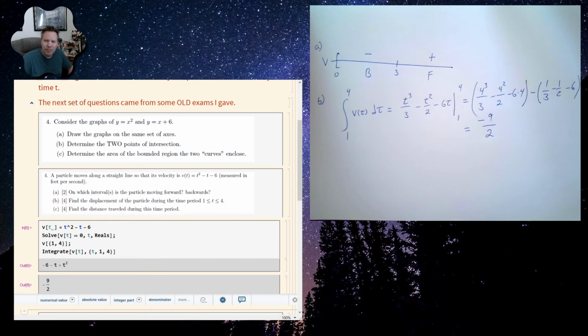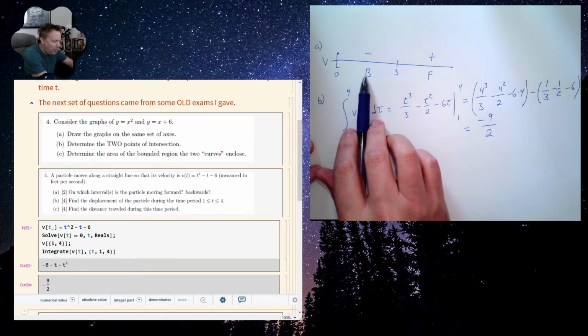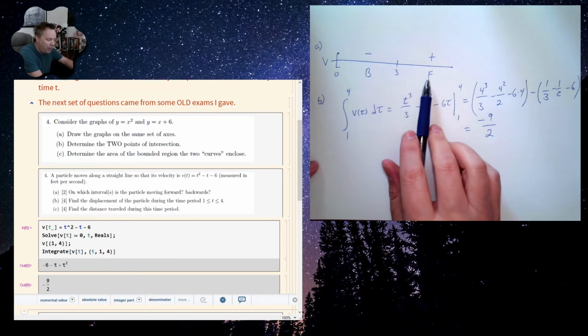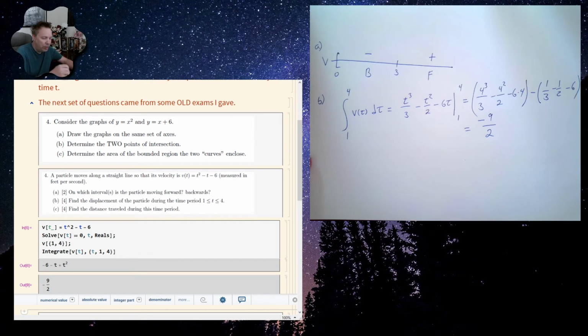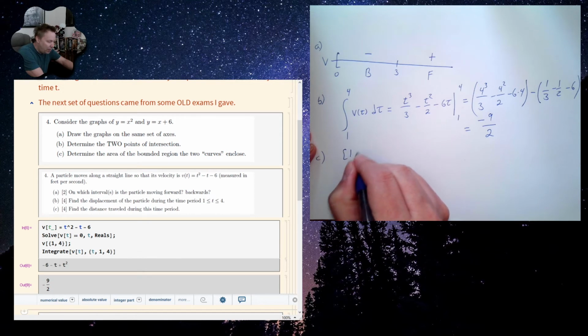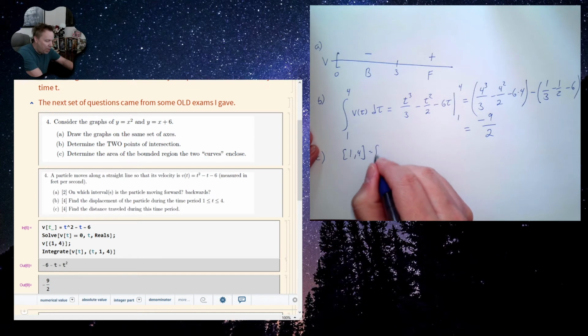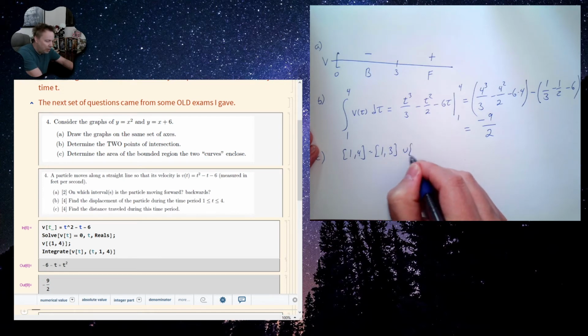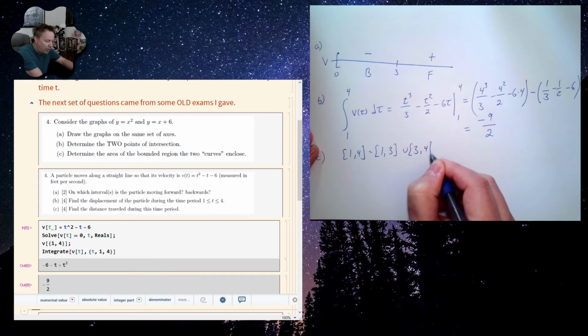So for question C, I want to find the distance traveled. What I do know is that I'm going backwards between 0 and 3 and forwards for values greater than 3. So for part C, I'm looking at the interval from 1 to 4. But that interval, 1 to 4, can be broken up from 1 to 3 and then 3 to 4.